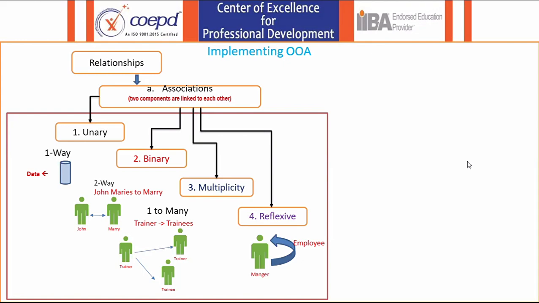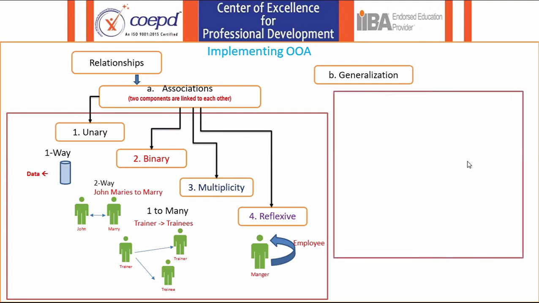And the second association is what? Generalization. Already you have seen generalization when I'm talking about the class, right? Do you remember that? Amphibian, mammal, reptile are kinds of animals.